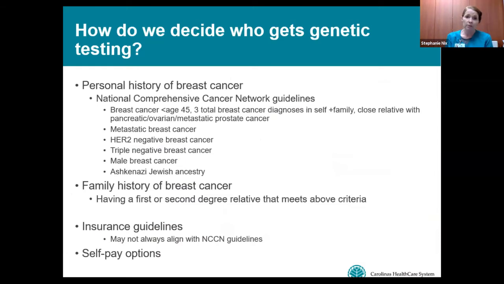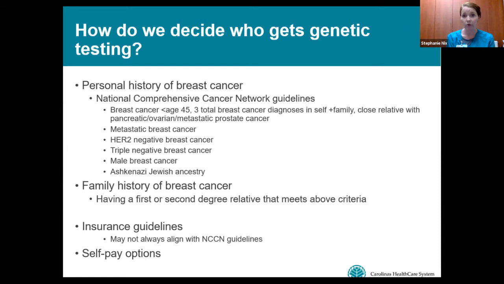All right, so how do we decide who gets to have genetic testing? I mentioned before that we take that 3-generation pedigree, we look at pathology results, we review medical records from oncologists, and we look at our national guidelines to tell us who we should offer genetic testing to. This set of guidelines first looks at age and says if we're under age 45, then we qualify to have genetic testing.